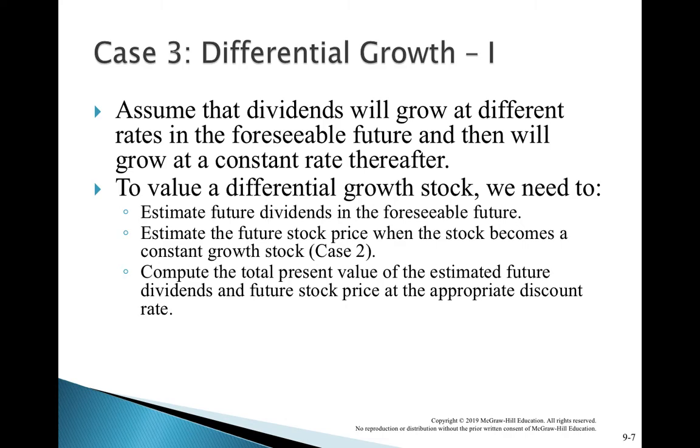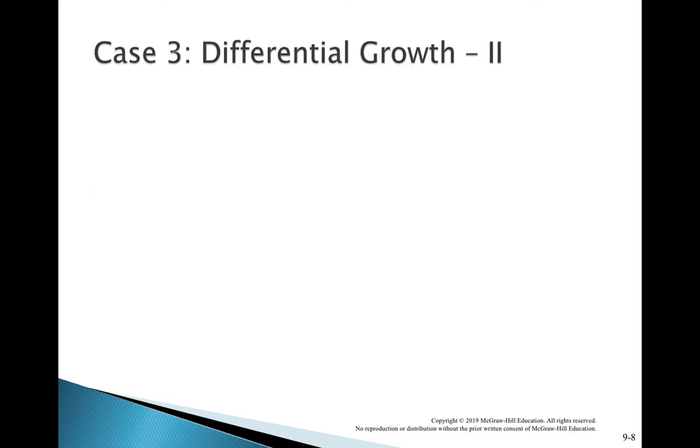You see what happens? First of all, we will calculate the dividends for the number of years of first growth. Then when the growth comes to a normal growth forever, it will be like case 2. We will calculate the stock price at the normal growth rate. Then we will add the present value of both to get the price. Let us see how it is.